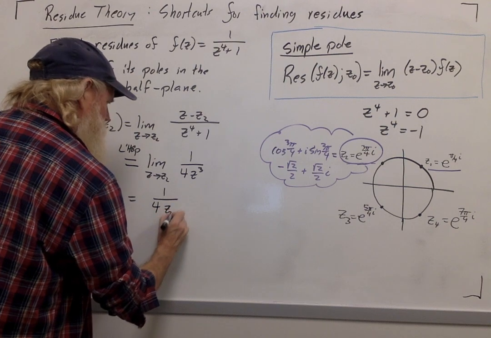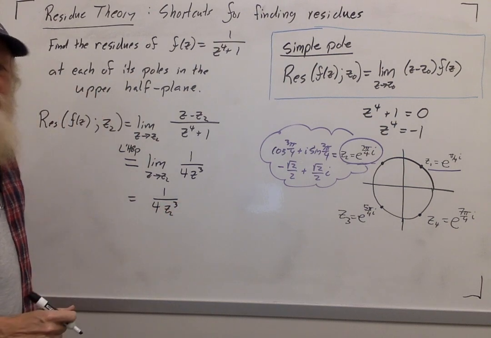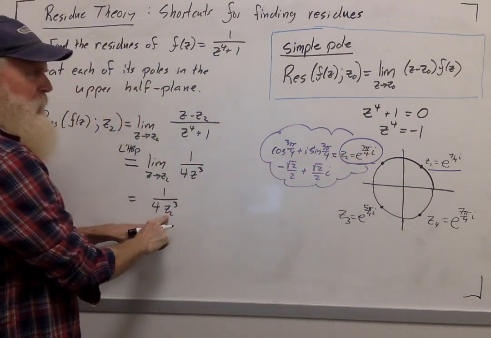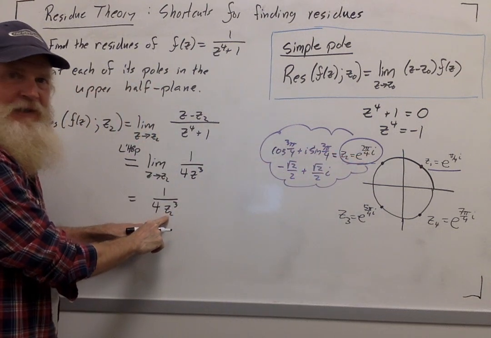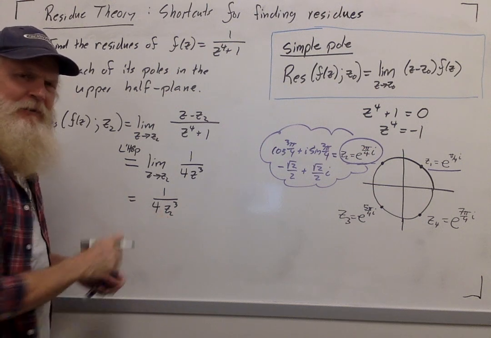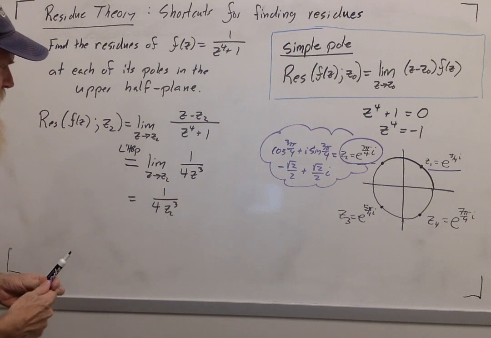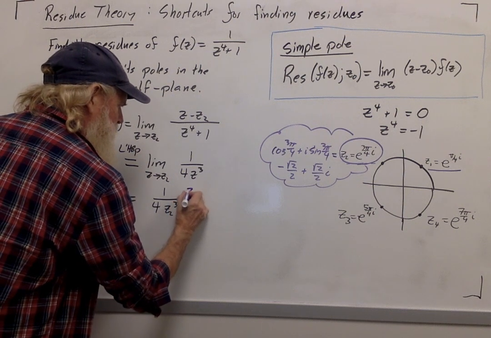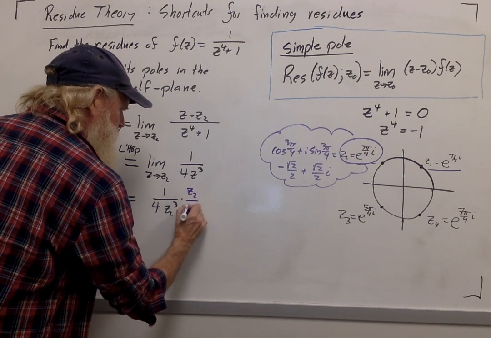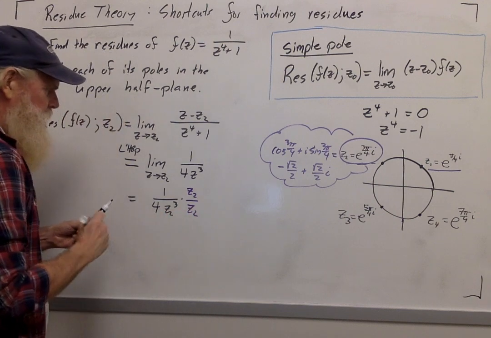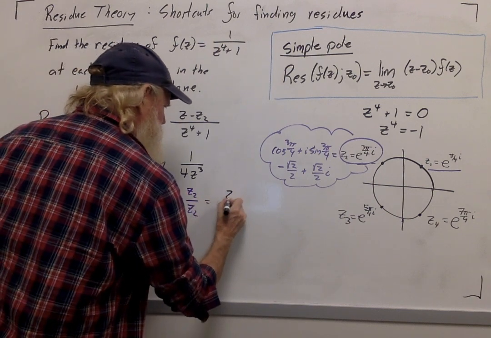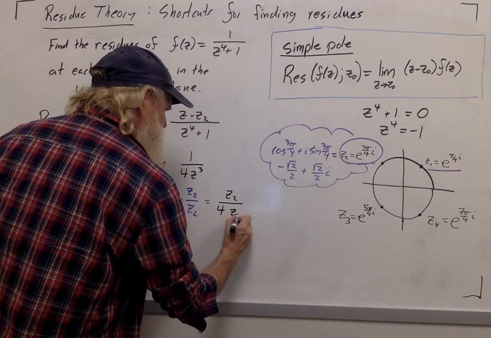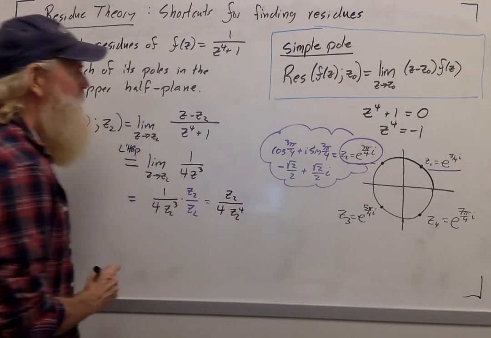4 z2 cubed. Now once again, if I want to, I can substitute in e to the 3 pi over 4 i for this and start simplifying. There's another algebraic trick I can do here, and that's to multiply top and bottom by z2. That gives me z2 over 4 z2 to the 4th.